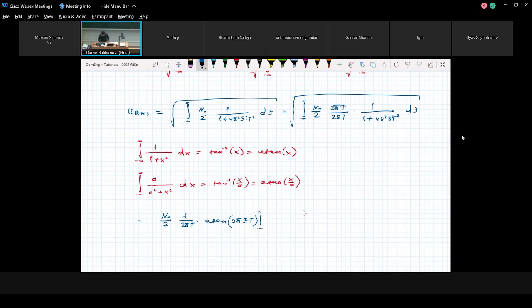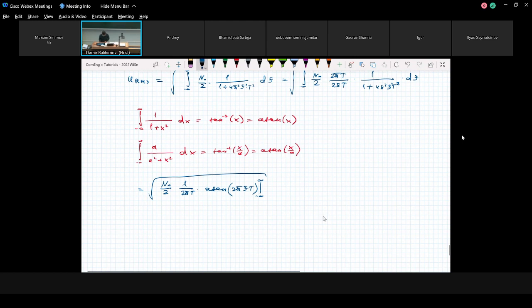We have to calculate for the range from minus infinity. But arctangent is very easy to calculate for plus infinity and minus infinity. For plus infinity, it will be pi over 2, and for minus infinity, it will be minus pi over 2. As a result, the integral gives us pi. Then we come to the result that we have N0 by 2 times 1 over 2 pi T times pi.